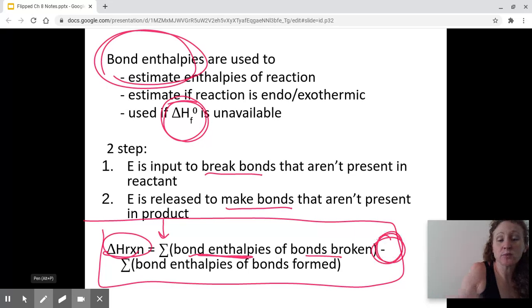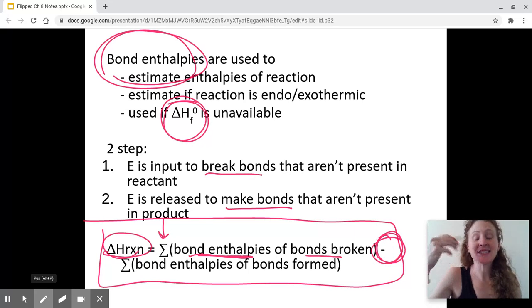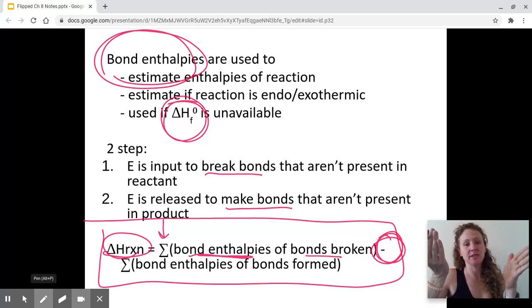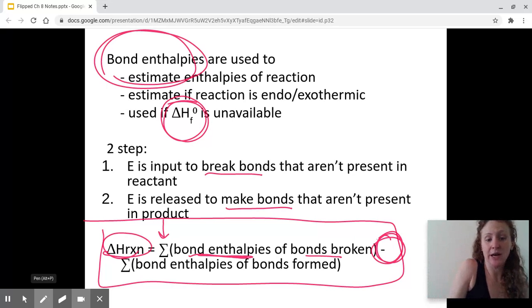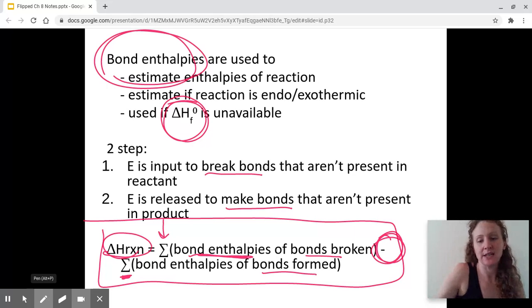And then notice you have a subtraction here because the appendix is listed in terms of breaking the bonds. So if you want to talk about forming the bonds, which is the next step, the sum of all the bonds formed, right? You have to flip that sign.